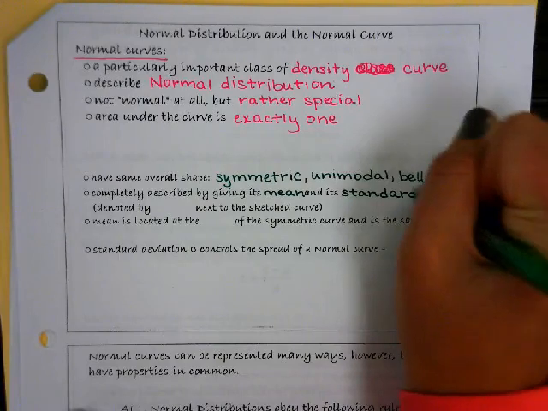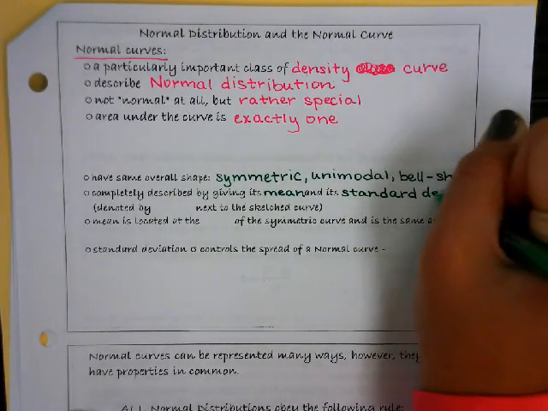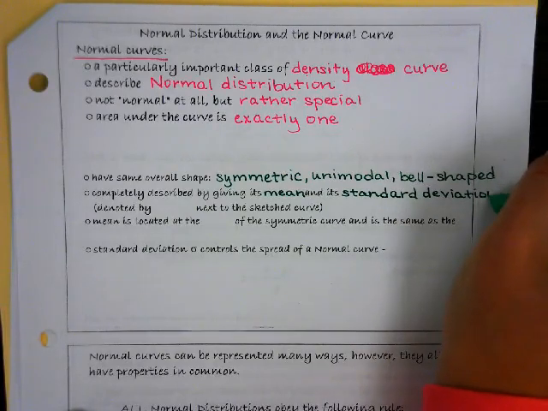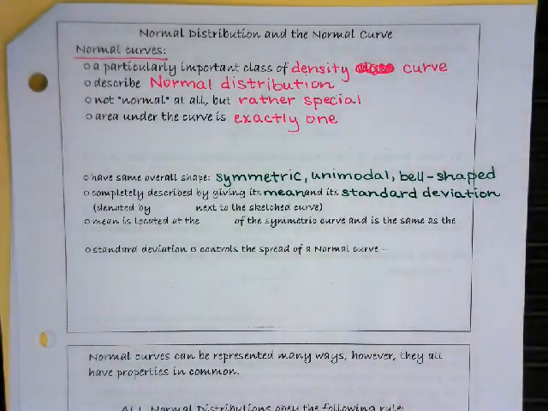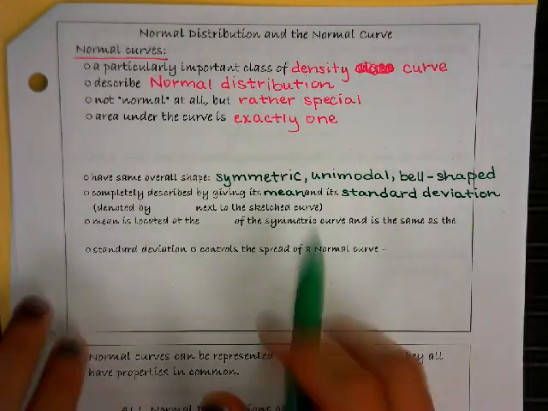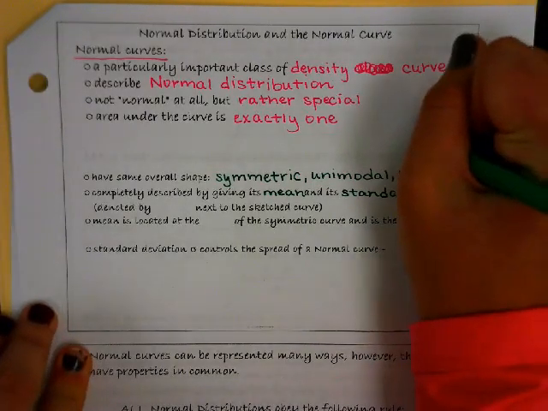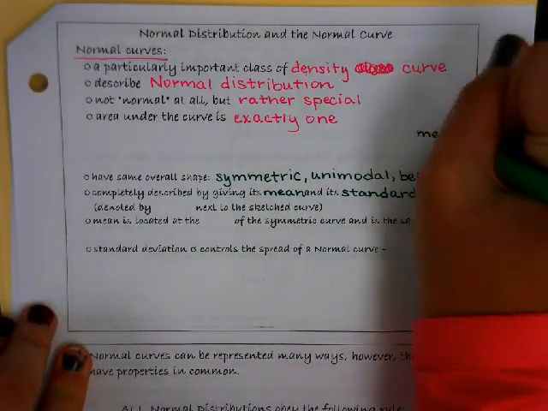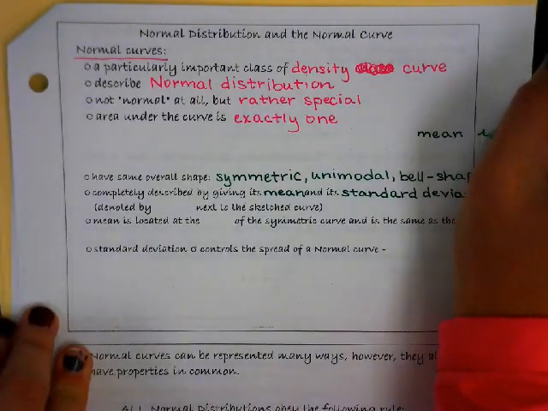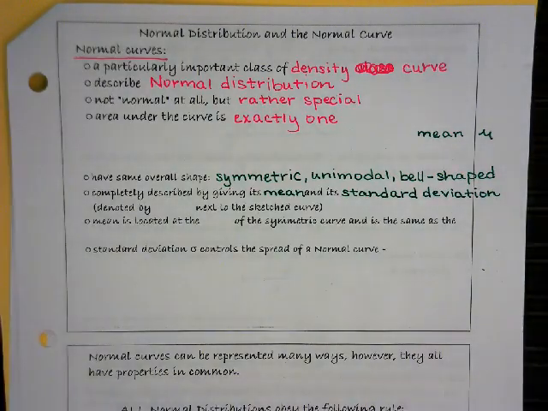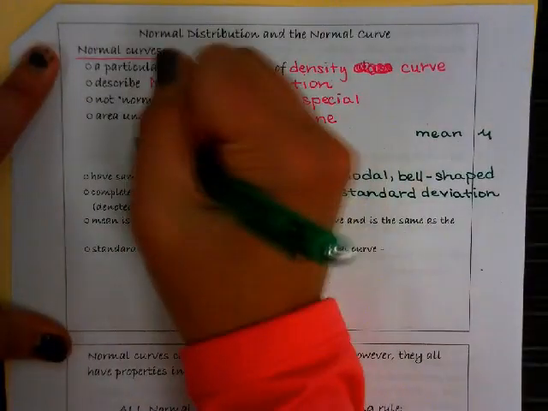Now, we have special notation when we're working with a normal curve. We don't use x bar and s sub x for the mean and the standard deviation. When we're working with a normal curve, the mean, I'll write it up here, we use mu, the Greek letter mu. I see some kids who just do the M like that.